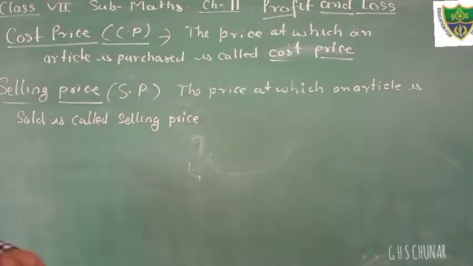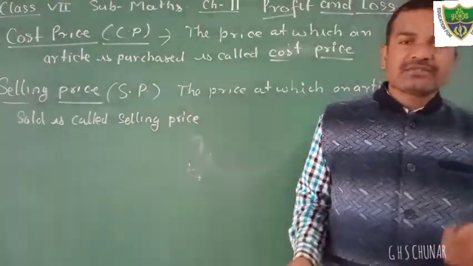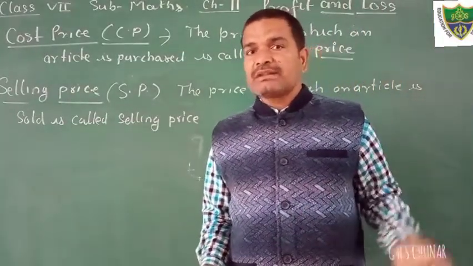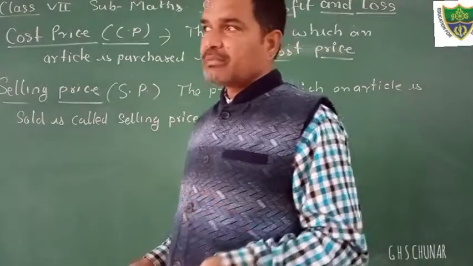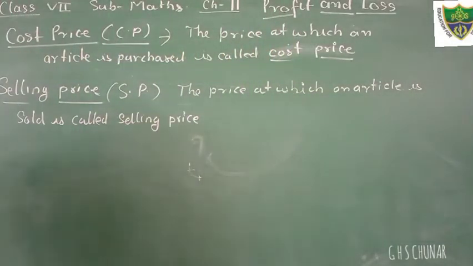Okay. Now, when you purchase some article and sell it, if the selling price is more than the cost price, then you get the profit. Again, if the selling price is less than the cost price, then you get the loss.